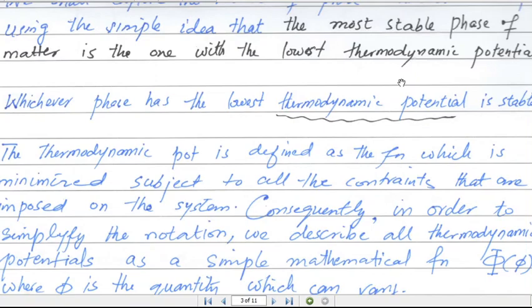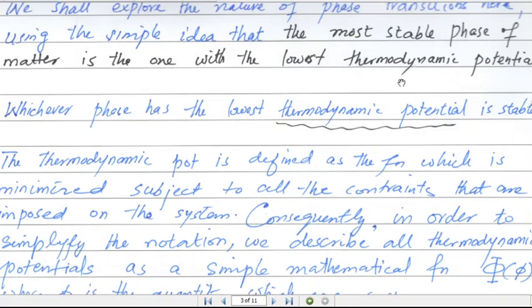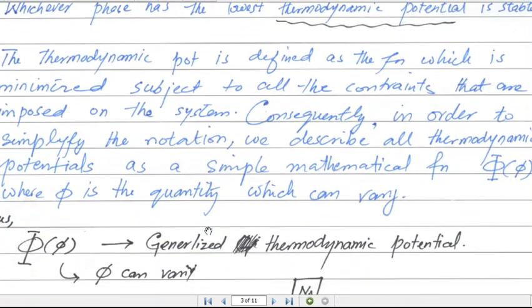So how can we define this thermodynamic potential? The thermodynamic potential is defined as the function which is minimized subject to all the constraints that are imposed on a system. Okay. So what is meant by constraints?